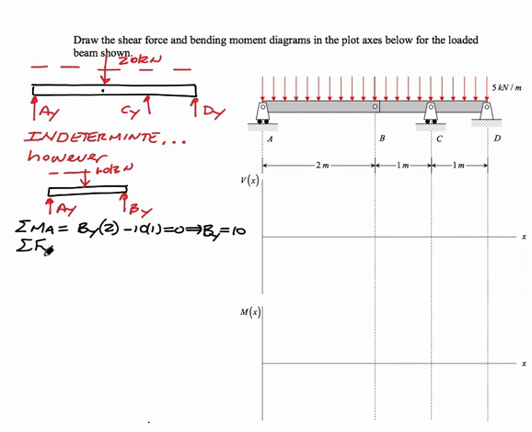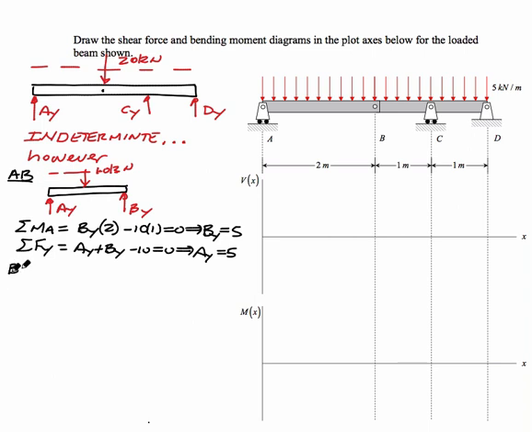Summing forces in Y, we get AY plus BY minus, I'm sorry, I wrote down the wrong thing. This here should be 5, and this one would be minus 10. For equilibrium, that says AY is also equal to 5 kilonewtons. So this is for section AB.